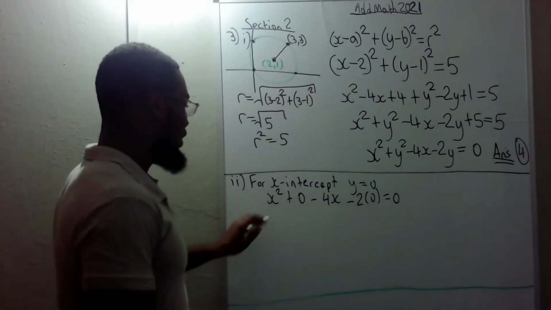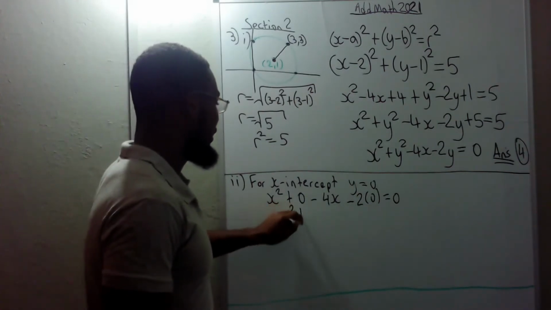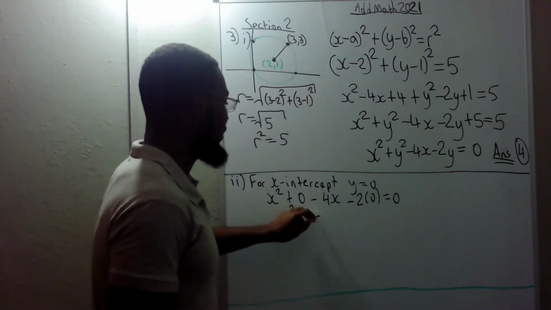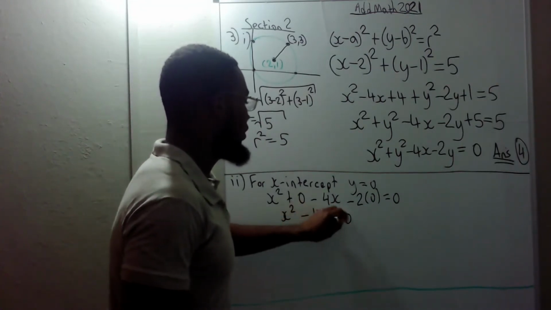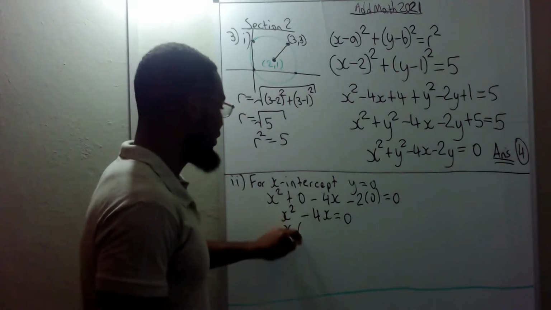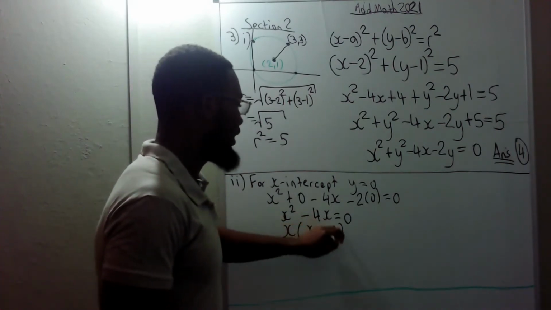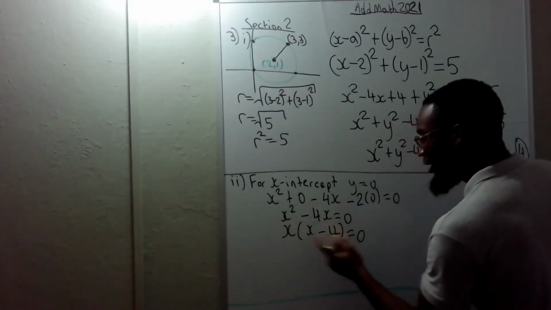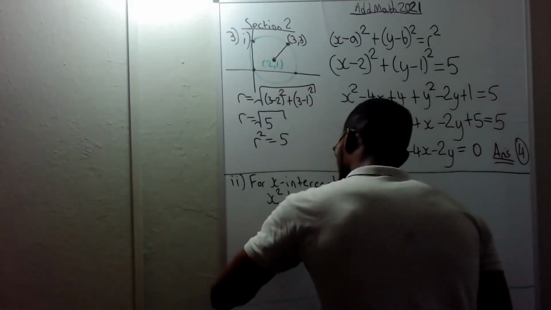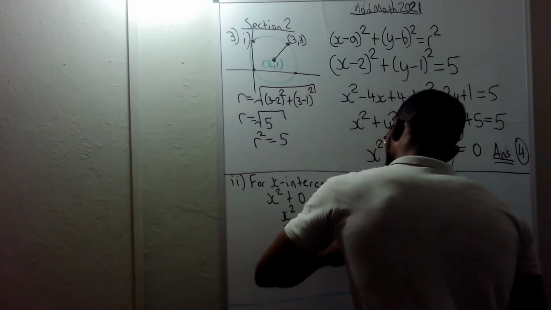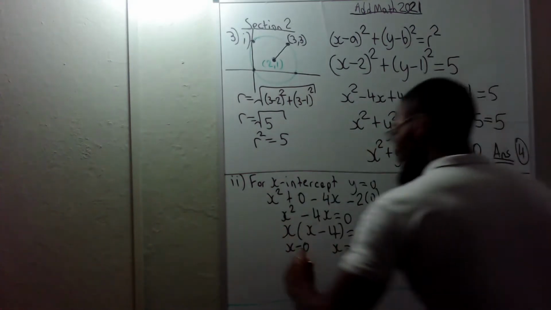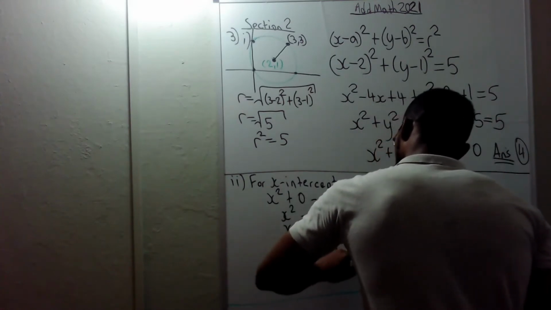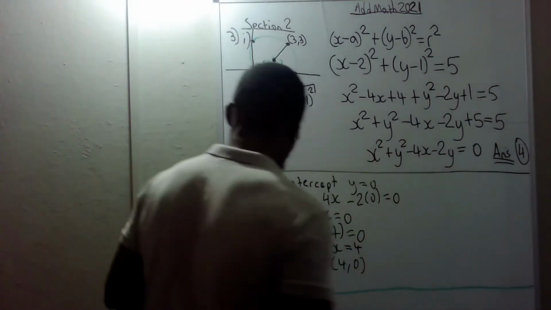So what that ends up becoming is x squared minus 4x equals 0. So we can factorize: x times (x minus 4). So we get x equals 0 and x equals 4. So guys, the two intercepts are (0, 0) and (4, 0). Those are the x-intercepts.